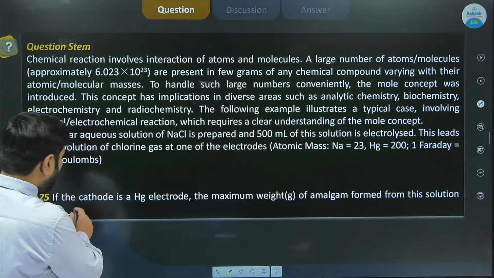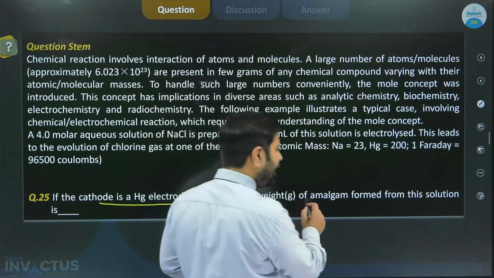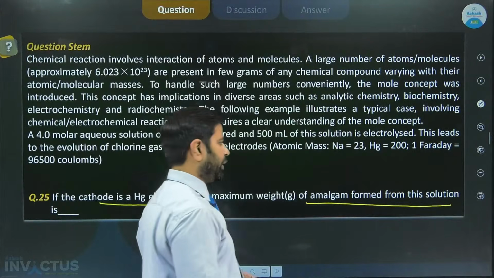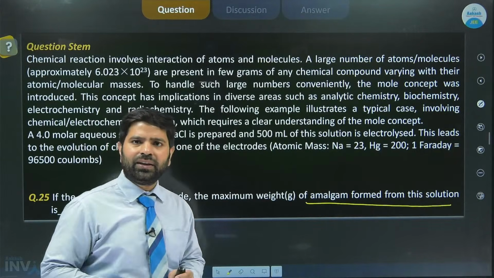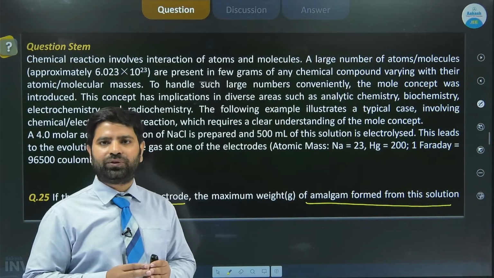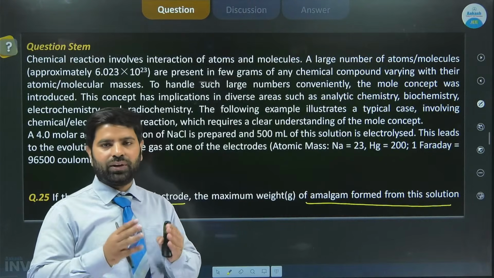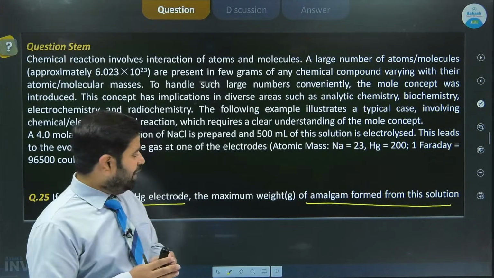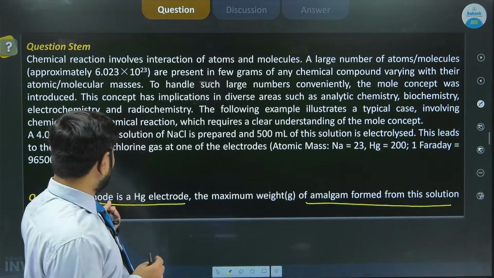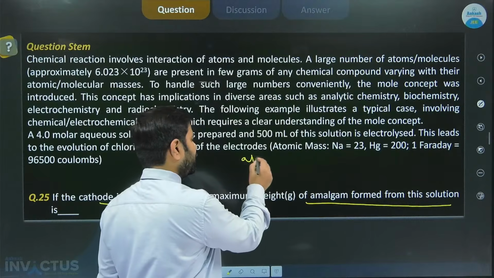If the cathode is a mercury electrode, what is the maximum weight of amalgam formed from this solution? Generally water is reduced when we do electrolysis of an aqueous solution of NaCl. But in this case, a mercury electrode is used as the cathode. So at the cathode, what will happen?